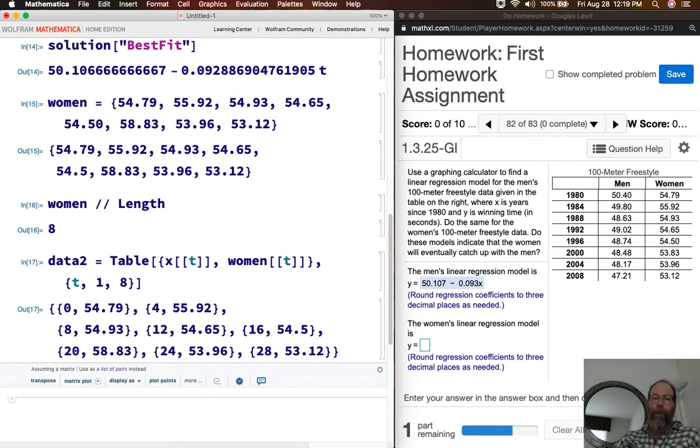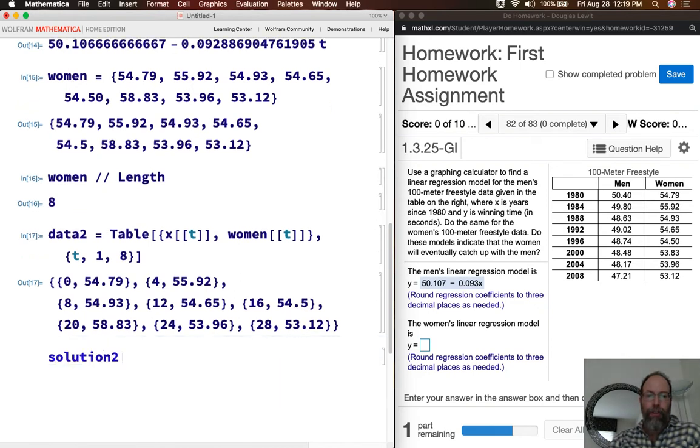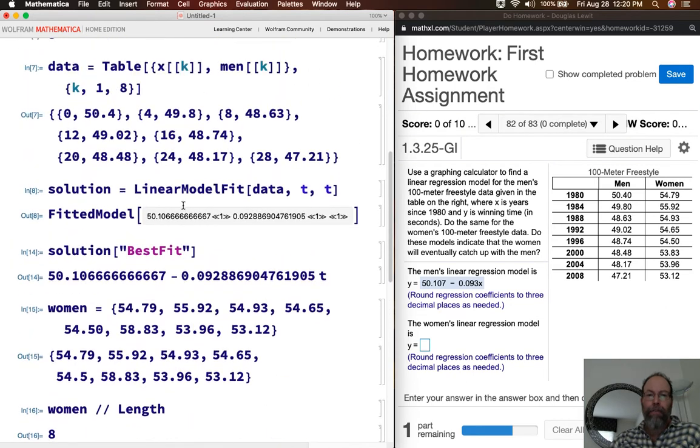Okay, so we have here solution 2. Let me try something just a little bit different to be clear about something here. LinearModelFit data 2. Now over here, what's a little bit confusing for you guys, it's confusing for me too. Why do we have repetition here? Why am I repeating T twice? Why does it have to be used twice?